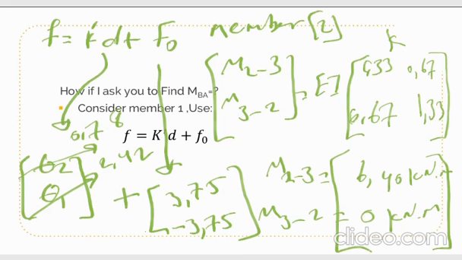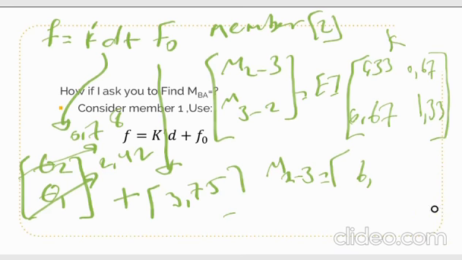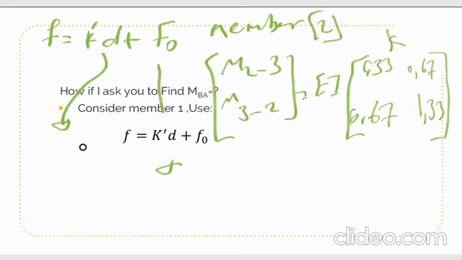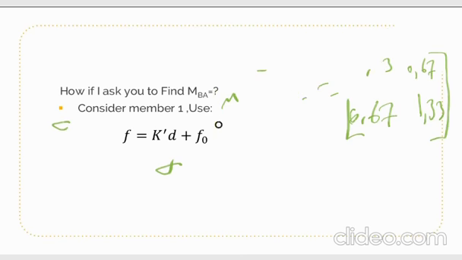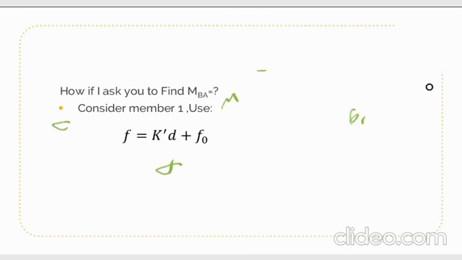Then how can we find the support reaction? Actually, this is the last step to draw the bending moment diagram and also the shear force diagram.